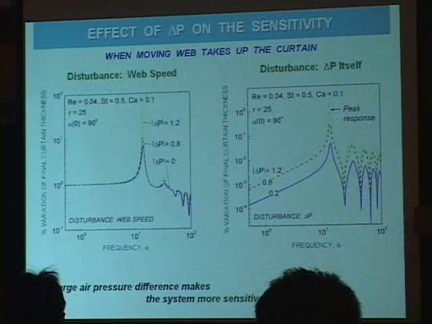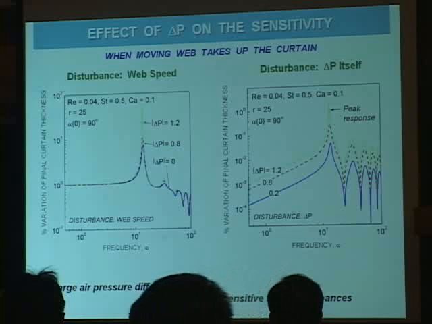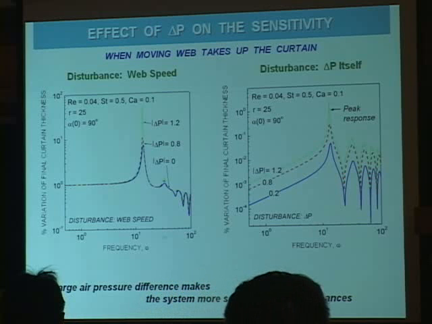We also investigated the sensitivity of cotton coating flow. Sensitivity of this system has been analyzed by the frequency response method, measuring the amplitude ratio of final thickness with respect to sinusoidal input disturbances. So this slide shows the effect of air pressure difference between the cotton on the sensitivity.